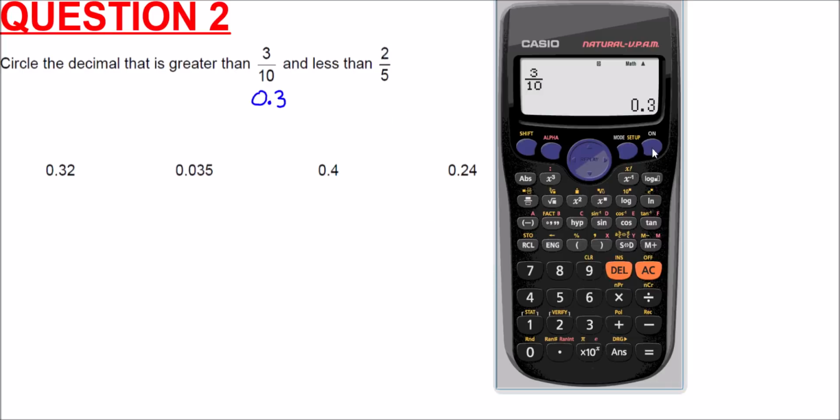So 3/10 is 0.3. And 2/5 we can change in the same way. Type in the fraction as it looks, press equals, and change. We get 0.4. So you can think of this question as which one of these decimals is in between 0.3 and 0.4.